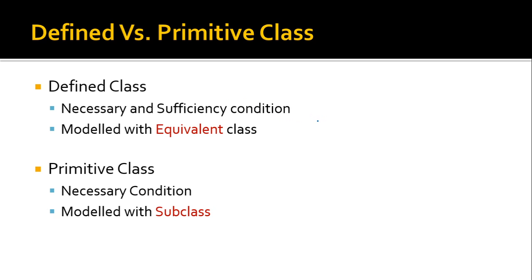As we have seen earlier, whenever we say that a class is a defined class, we'll be using this both-way implication, because both-way implication stands for the necessary and sufficient condition. But whenever we talk about subclass, they come with this forward implication, which is basically talking about the necessary condition, but not the other way, which is the sufficient condition, right?